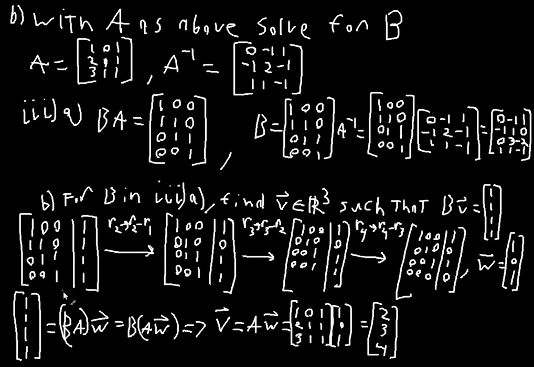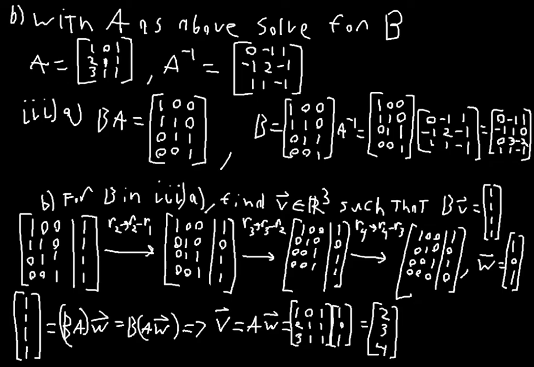All we know about W is that if we multiply W by B times A like this, then we get 1, 1, 1, 1. However, if we associate, we know that A times W is a vector, so that when we multiply on the right by B, it's going to give us 1, 1, 1, 1. So that means that if we let V equal A times W, which we can just compute with some matrix multiplication, then we have our answer. And you can see this is the same thing as we had before.